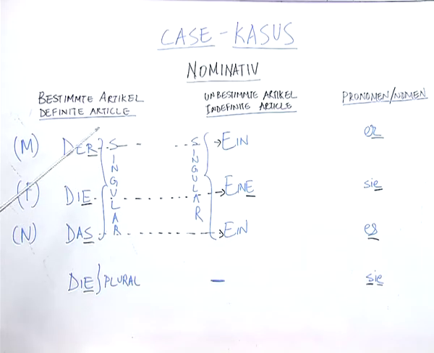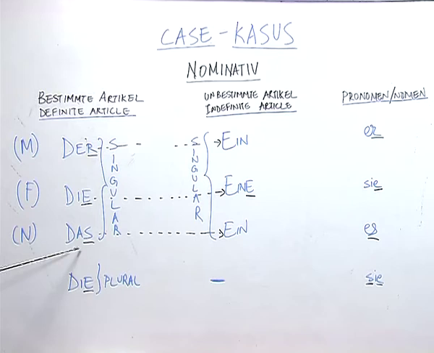And as I told you earlier, there are four kinds of definite articles in German, out of which der, die and das are singular, where der is the masculine article, die is the feminine article, and das is the neutral article. And to denote the plural of the singular nouns, the article die is used.